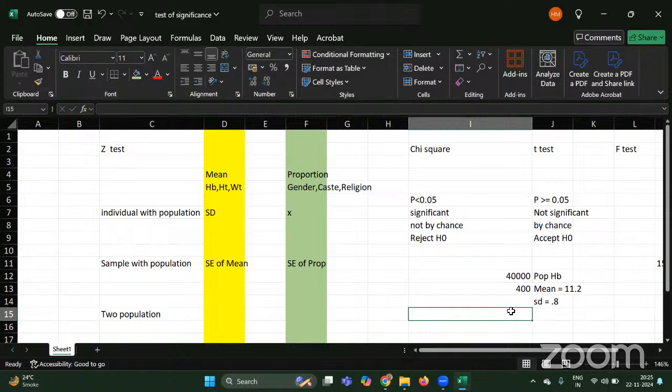Once we find that, then population mean belongs to sample mean plus minus 2 standard error. This is how we can talk about the population mean.